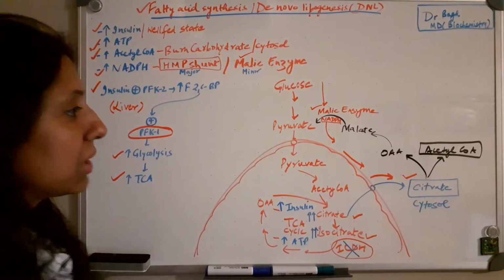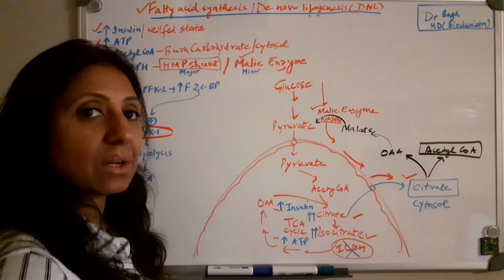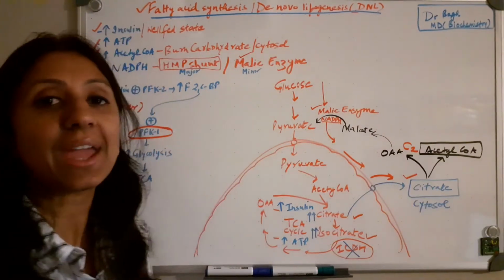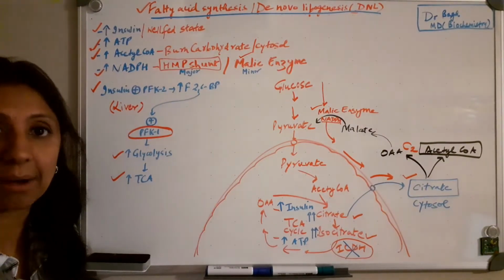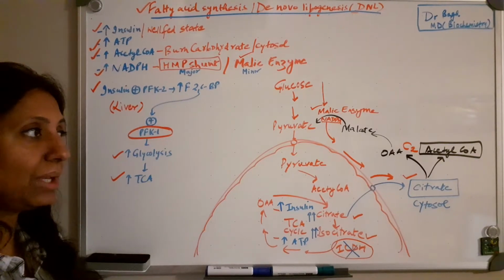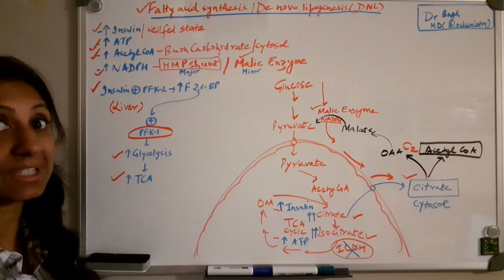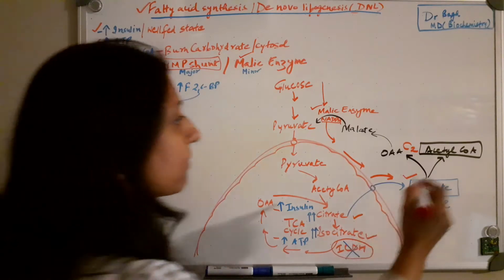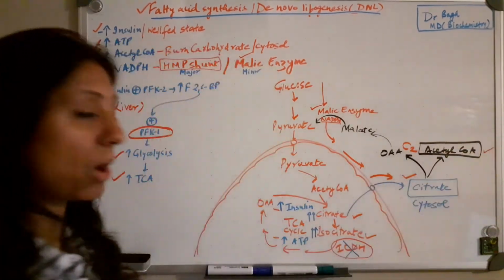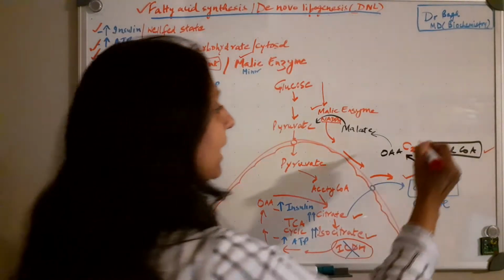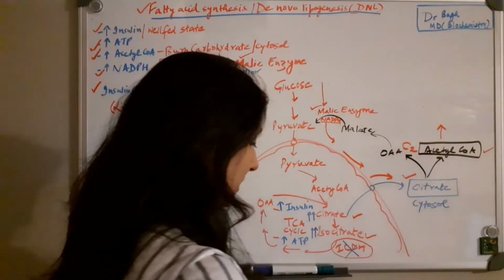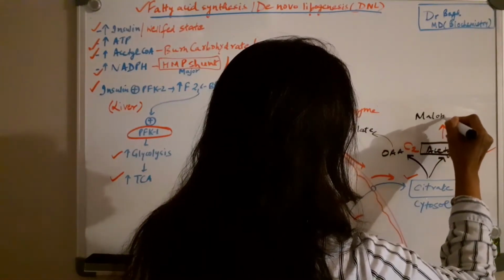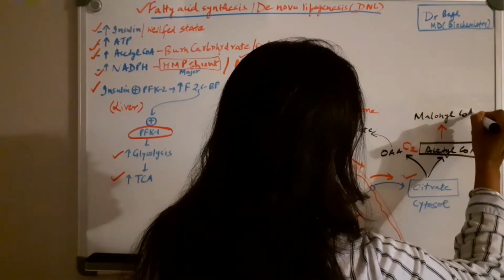Once acetyl-CoA is formed, don't forget that acetyl-CoA is only a 2-carbon compound, whereas in your fatty acid you have to form a 16-carbon fatty acid. So you need more intermediates to form a 16-carbon fatty acid from this 2-carbon compound, acetyl-CoA. What happens next is acetyl-CoA is converted into malonyl-CoA. This step is catalyzed by a carboxylase.